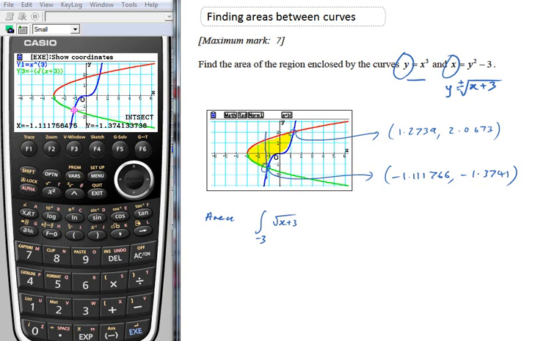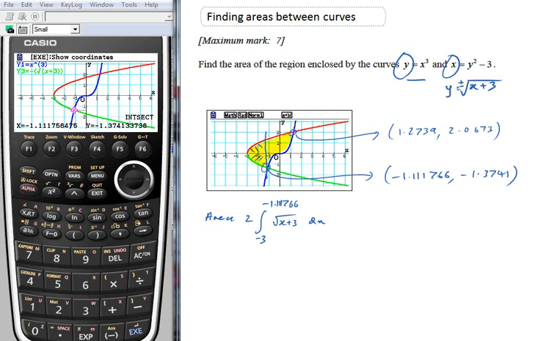Now at that intercept we're at minus 1.111766. If we integrate that function between those two values, we're going to get the area on the top. So when we've done that, we need to double it so that we get the area on the bottom as well.